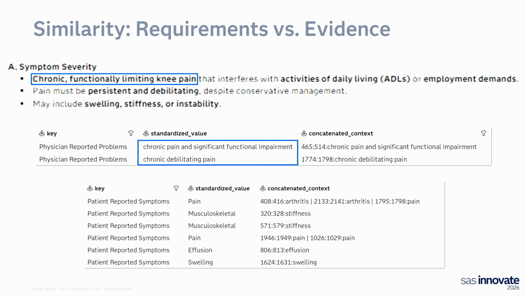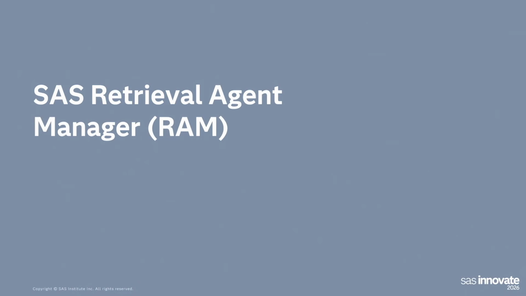So in this case, we've got some physician-reported problems like chronic knee pain, significant functional impairment, chronic debilitating pain, and then maybe some symptoms that were reported by the patient that were extracted, like effusion and swelling or stiffness. And those, you can see, are similar to the requirements. So that's kind of a high-level idea of what's going on under the covers.